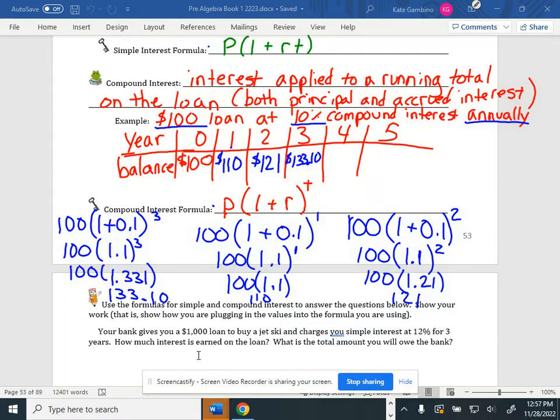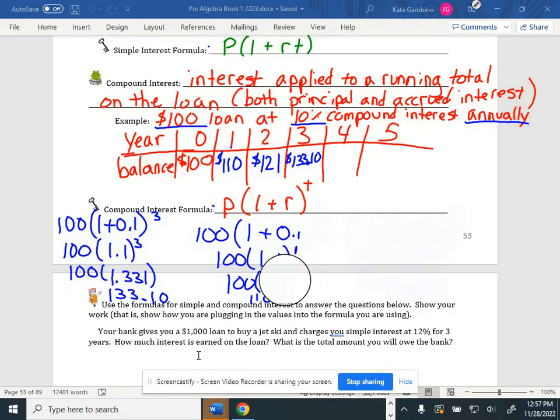So now we're going to go over here and let's change this to the fourth power. Do it on your calculator and see if you can figure out what 1.1 to the fourth power is.